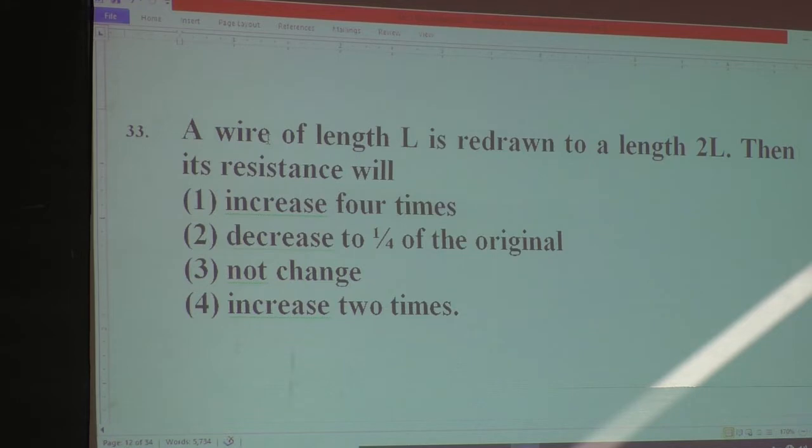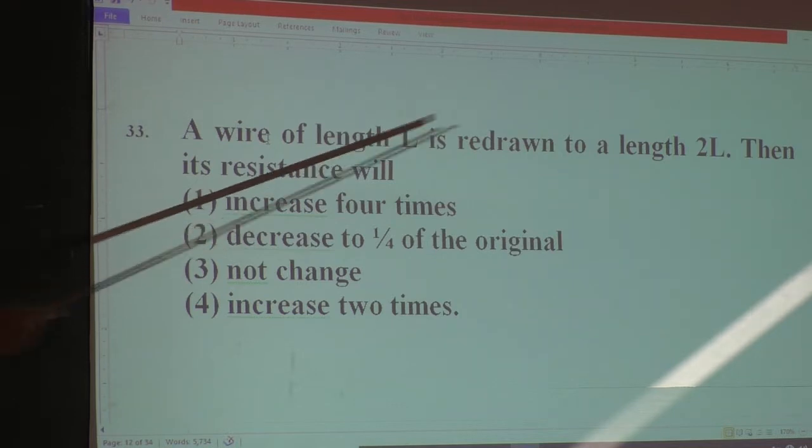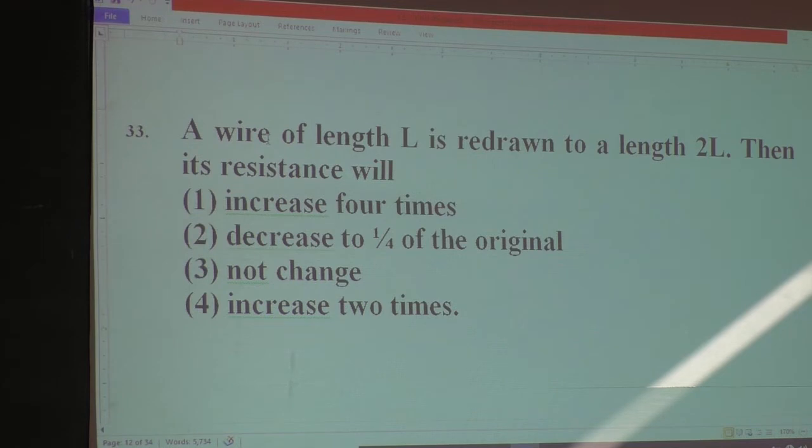So in the previous class we have been doing this very rigorously. When the length is doubled, n is 2, so n square is 2 square, so the new resistance is 2 square times the old resistance, it is 4 times.